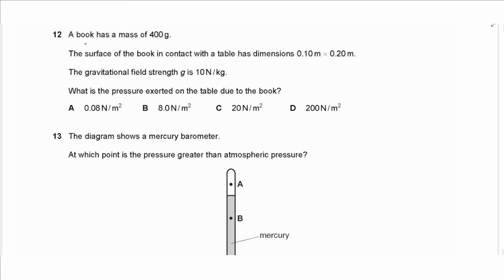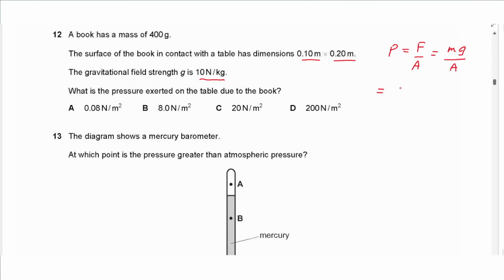Question 12 says a book has a mass of 400 grams. The surface of the book in contact with the table has dimensions 0.10 meters by 0.20 meters. The gravitational field strength g is 10 newtons per kilogram. What is the pressure exerted on the table due to the book? So the pressure is equal to the force divided by the area, and the force in this case is the weight of the book, and then we divide that by the area.